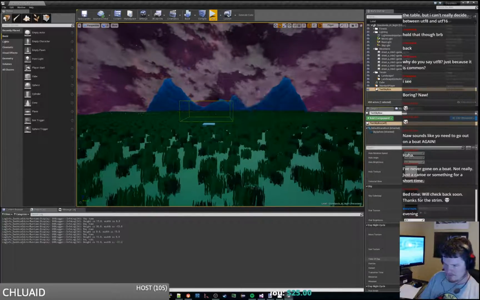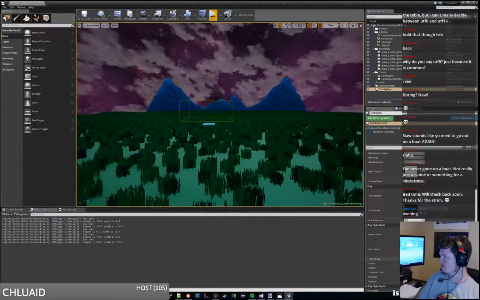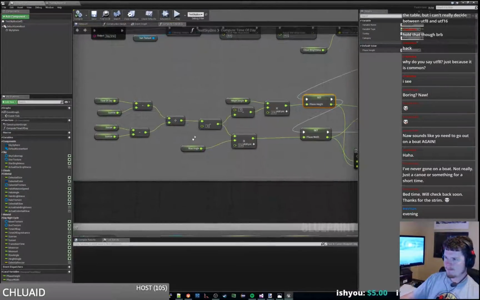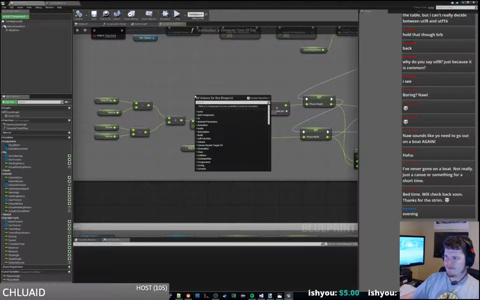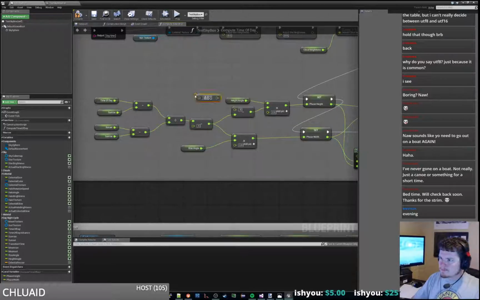And at 6.5, at 6.30, the height is 30. So the height's wrong, but the height should be 0. But instead of the height being 0, it's 30. So I think we should be taking the absolute value here. So it should be going like this.